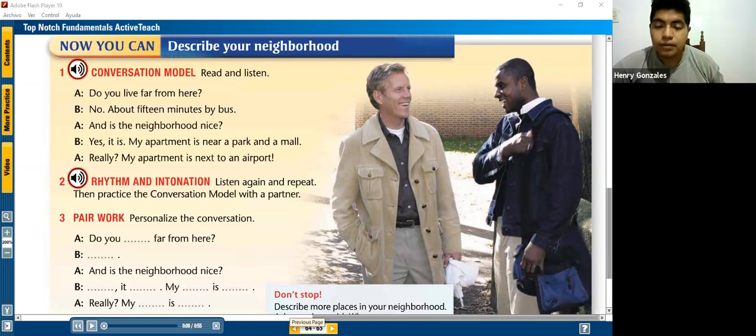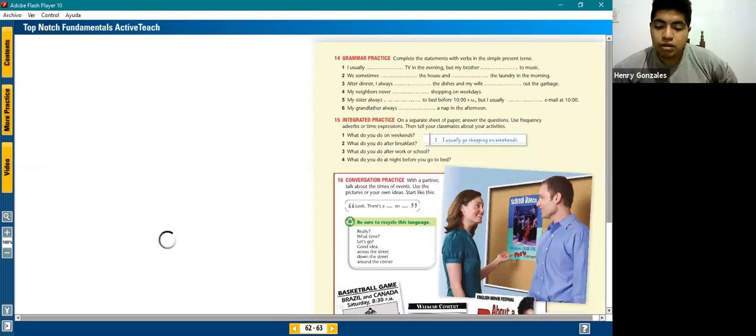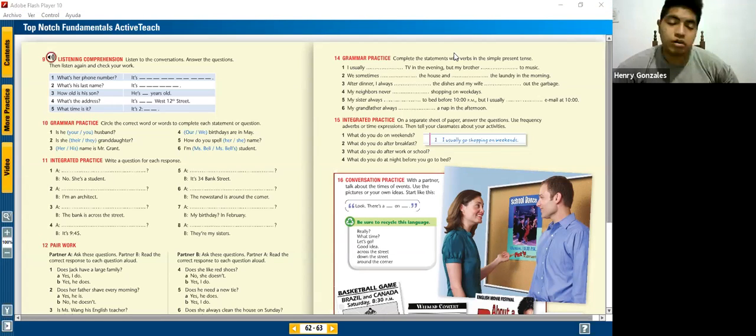A ver, veamos un momento. No se olviden, por favor, que pueden ustedes desarrollar lo que es de la página 60 a la 63, ¿sí? Esas actividades que son con respecto a las 7 primeras unidades, ¿ok? Lo tienen en sus libros, tanto en PDF como en los que ya les he enviado para que descarguen, así que pueden hacerlo, ¿ok?